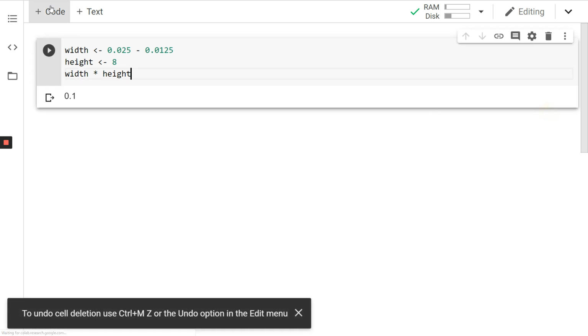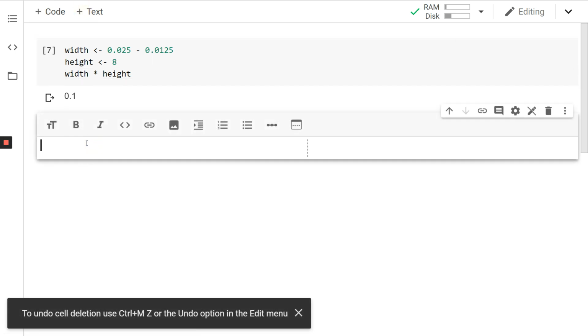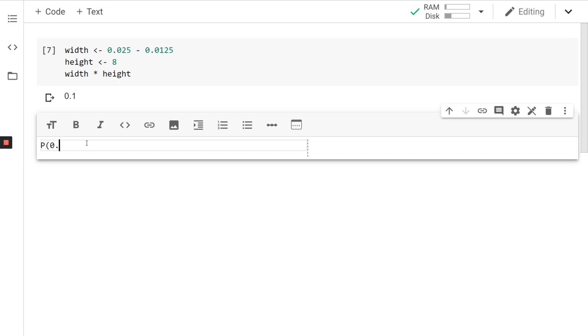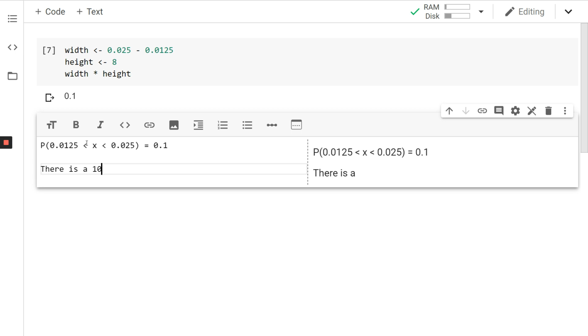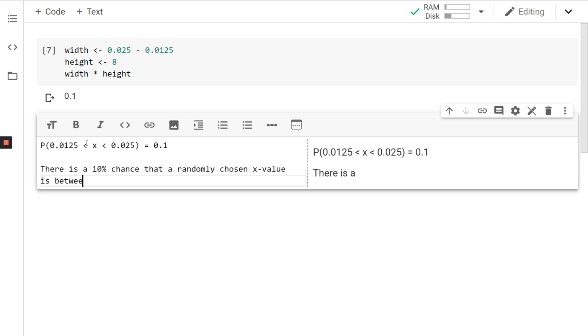Whoops, I want a text cell for that. Probability that x is between 0.0125 and 0.025 is 0.1. And 0.1 is a 10% chance that a randomly chosen x value is between 0.0125 and 0.025.